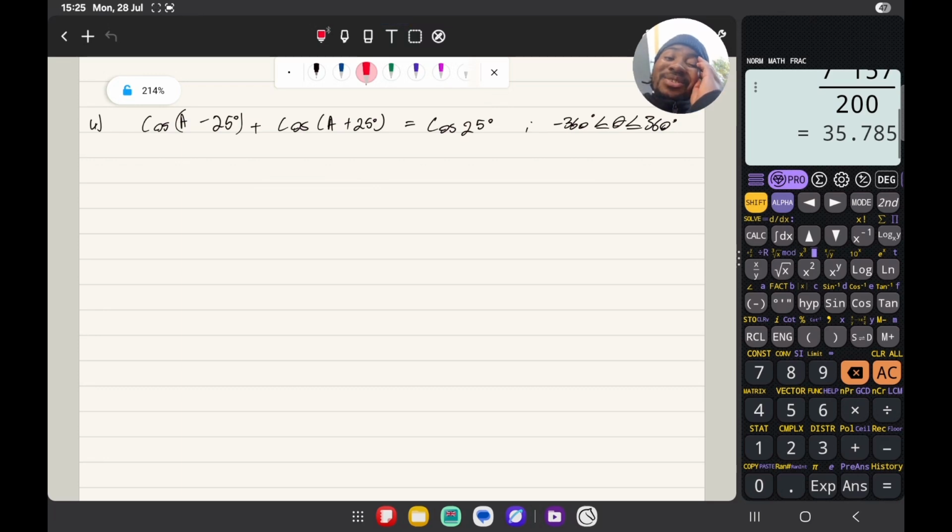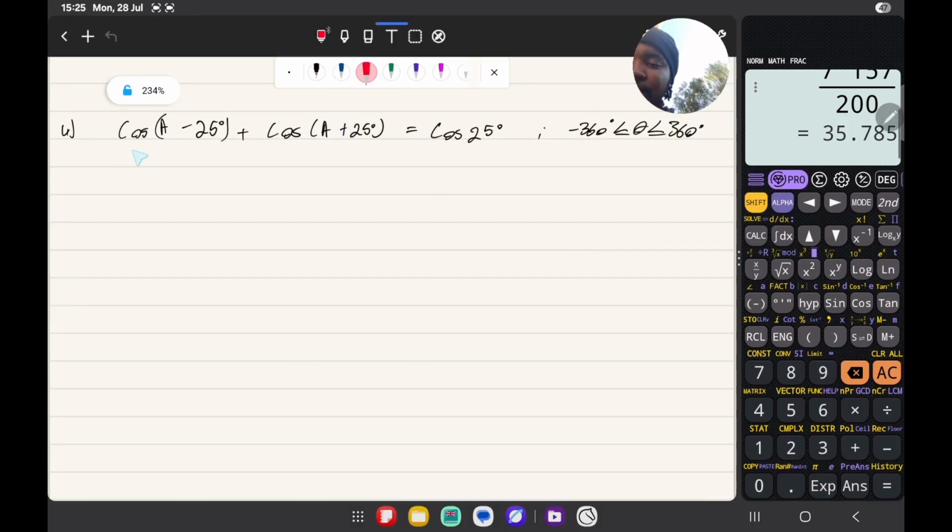Okay, this one is easy. It's not really gonna tax your brain, because here it's just expanding these, and let's go. You expand this, you have cos a cos 25 plus sine a sine 25.